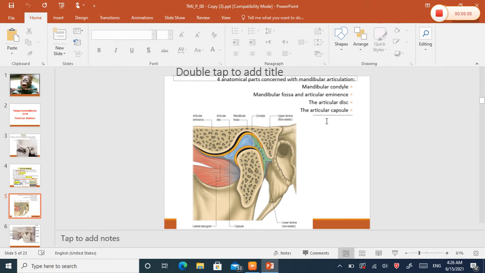The anterior articular eminence controls the forward movement of the condylar head, while the posterior articular eminence controls the backward movement of the condylar head.